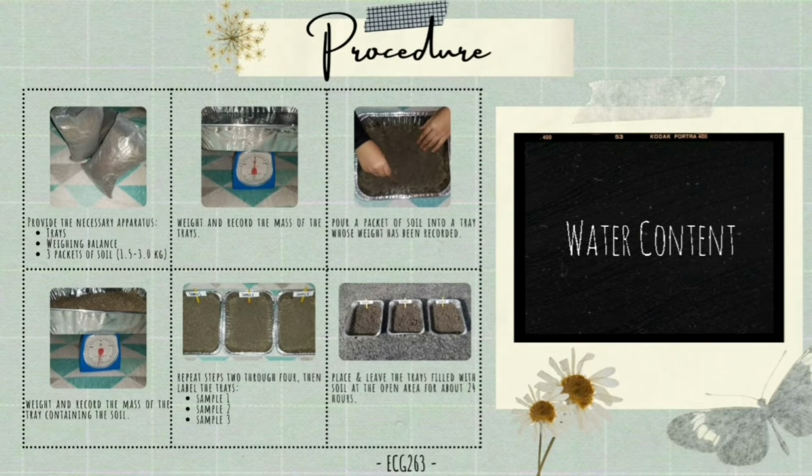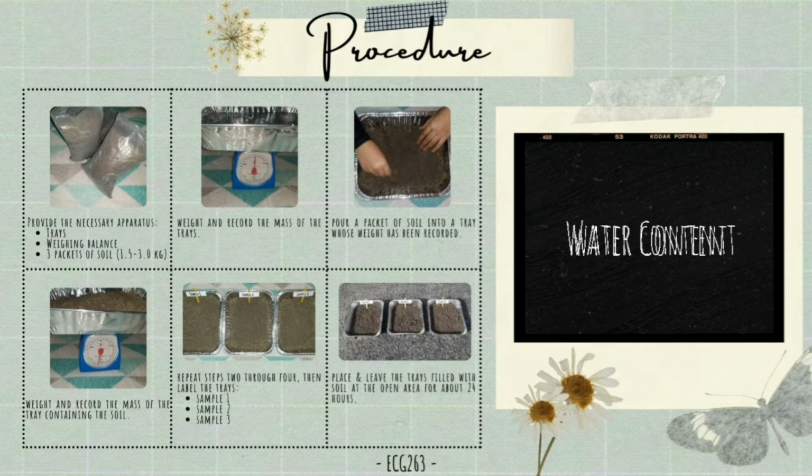These are the procedures that have been used in the water content experiment. The first step is to provide the necessary apparatus as mentioned before. The second step is to weigh and record the mass of the trays, and then pour a packet of soil into a tray whose weight has been recorded.